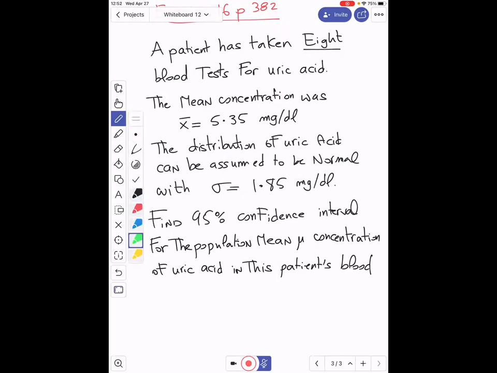So we need to find the confidence interval, and there is this 95%.